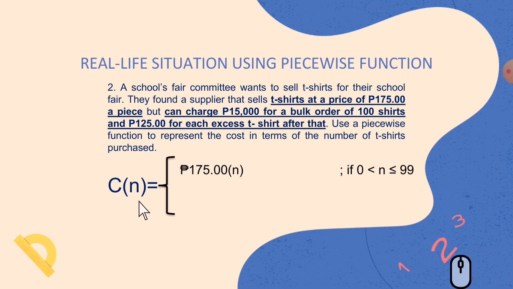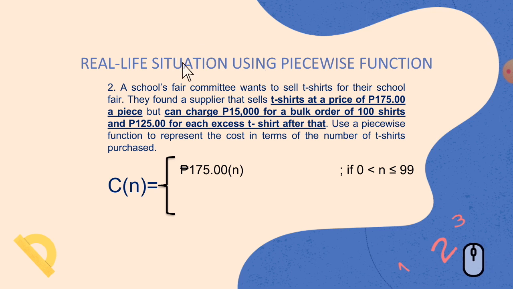So, 175 pesos times n if the value of n is greater than 0 but less than or equal to 99 t-shirts. So sabi natin kanina dito sa ating 175 pesos, ang bayad ng isa. So hindi dapat tayo lalagpas or hindi dapat mag-equal to 100 yung ating t-shirt. Kasi kapag 100 t-shirts ay magbabayad ka na ng 15,000 kasi isang order na yon.